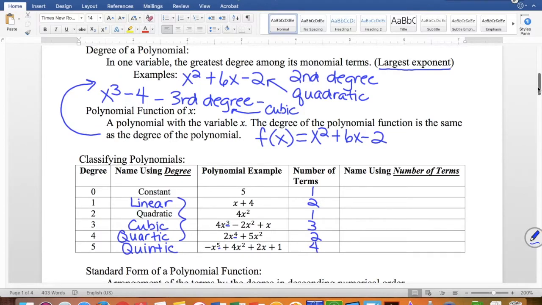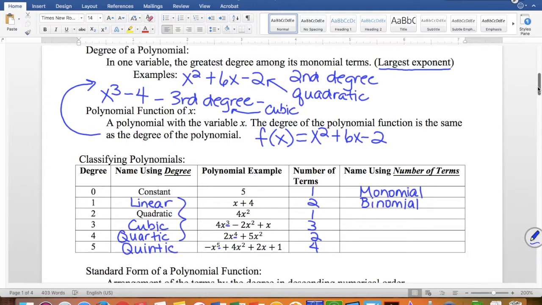So let's talk about this with terms. Instead of calling it linear, quadratic, cubic based on the exponent, let's call it based on the number of terms. So this is just a monomial. The one with 2 terms will be called a binomial.